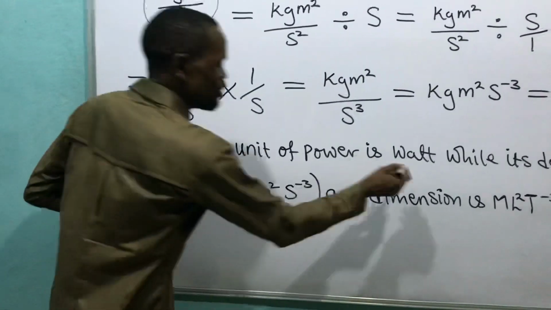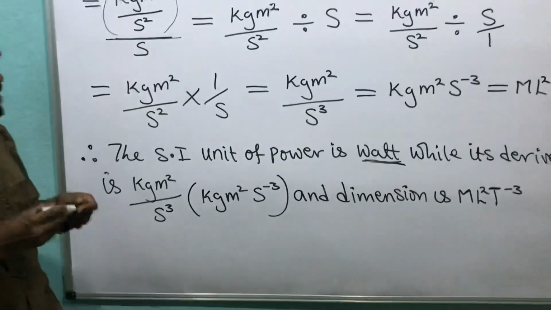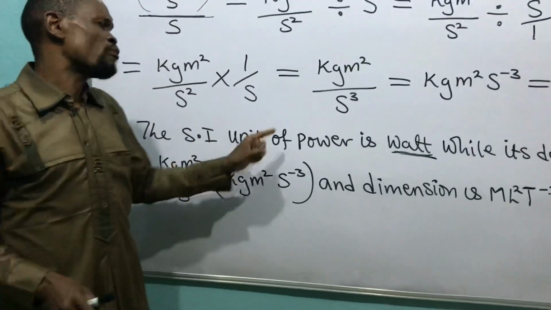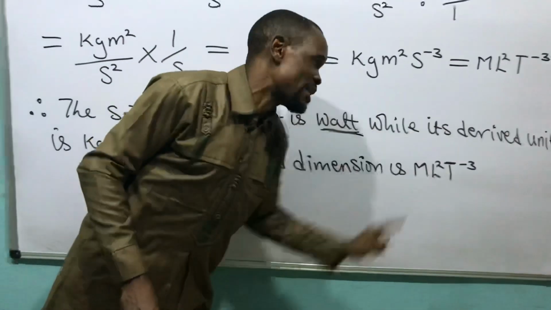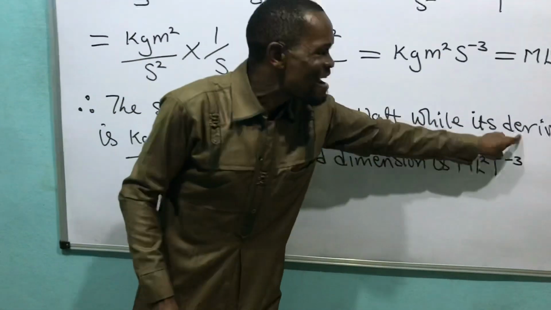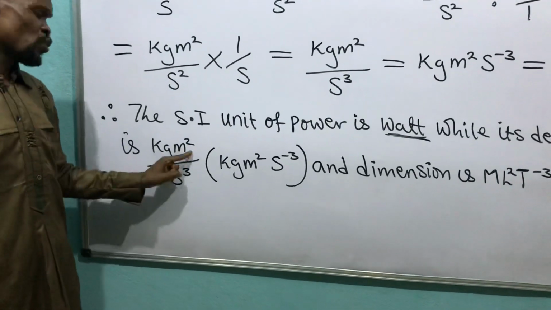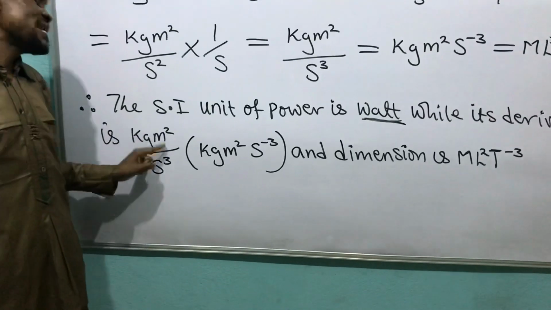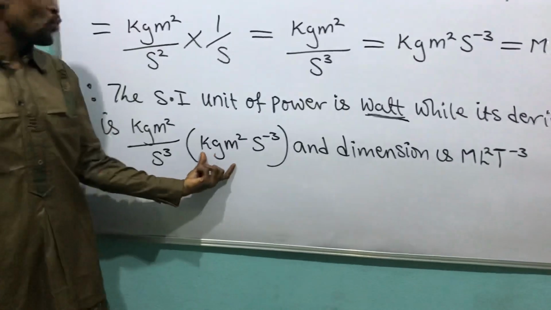You now see that the SI unit of power is watts, as I underline it. Remember it. The SI unit of power is watts. Its derived unit is kilogram meter squared per second cube, which can be written this way.